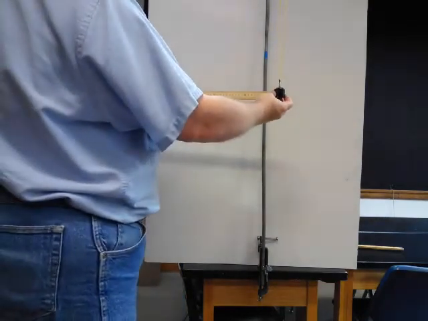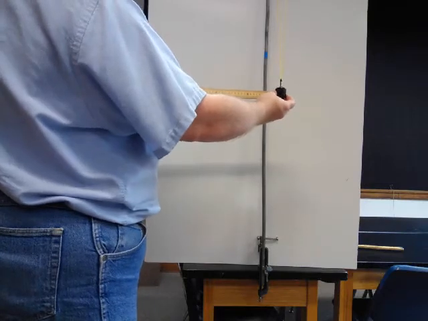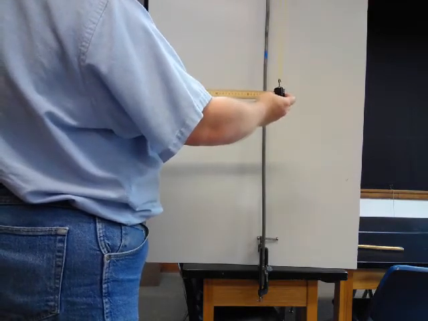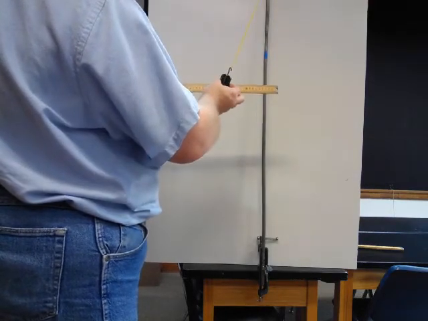So we'll do 17.1. Again, it needs to be a slightly larger oscillation. And then again, when it goes to the left, that's when we start.